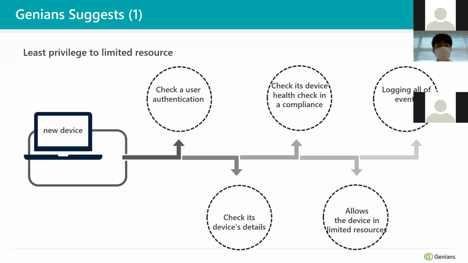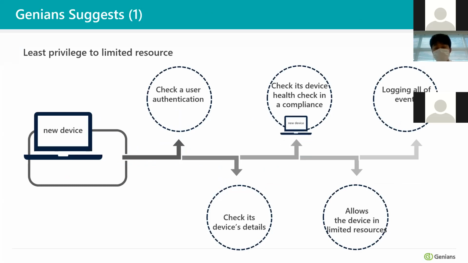So what we suggest is to limit privileges to limited resources, even for internal users. When a new device attempts to join your network, we must check that proper user authentication is in place, and then check the device itself.